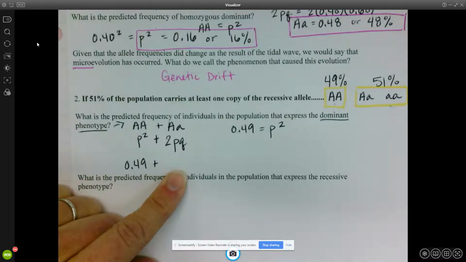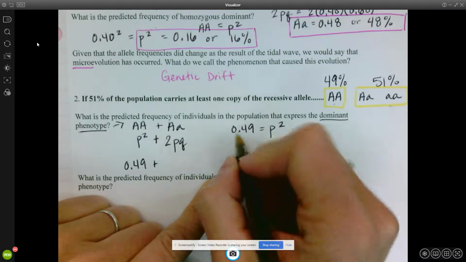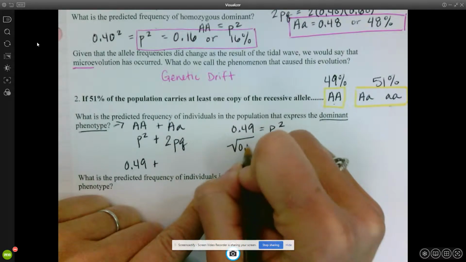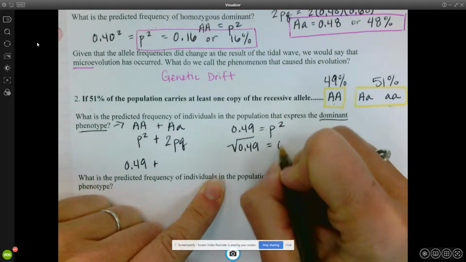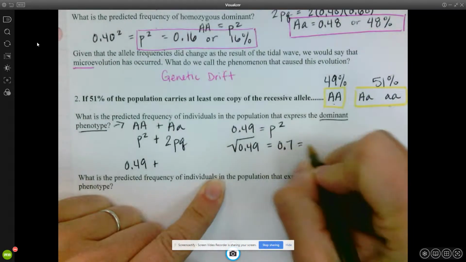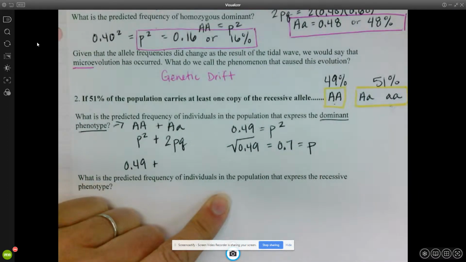So 0.49 squared, no, I did it the wrong way. The square root of 0.49 rather, to get P alone, equals 0.7. So P equals 0.7.